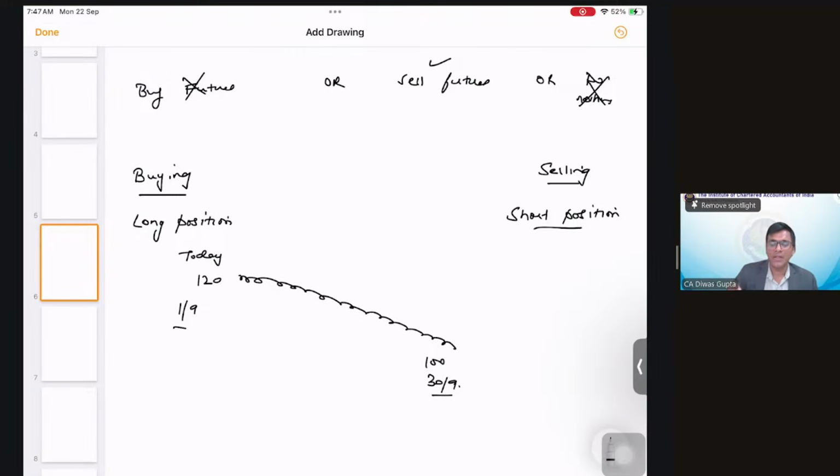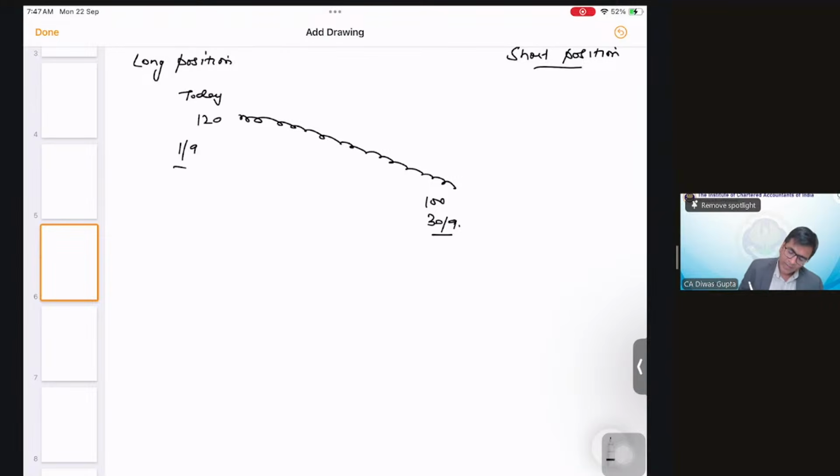You are standing on 1st of September and you very well know that the price is going to go down. Now, in this case, can you make money by selling or purchasing the share? And if yes, then how? Come on, students, tell me. If the price is going down, then we can put the sell position, short position. Perfect. You can do the short position now.